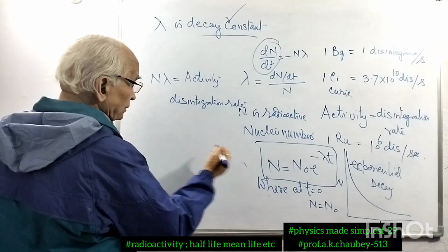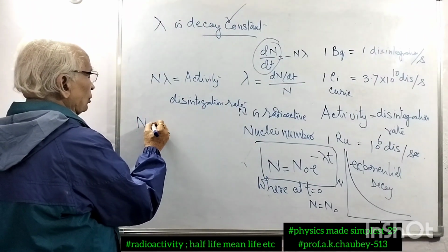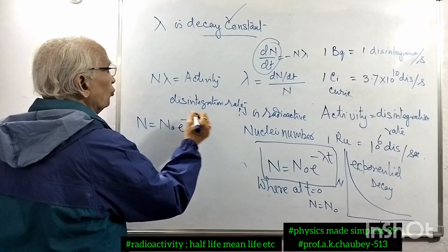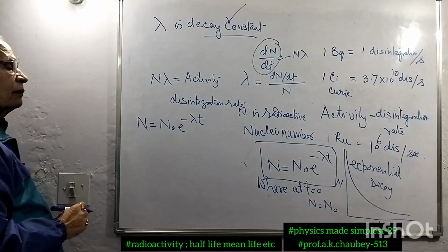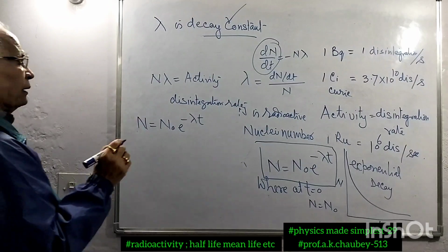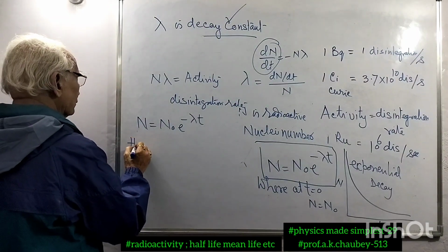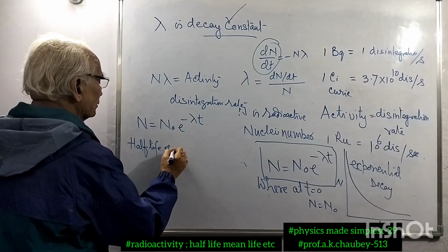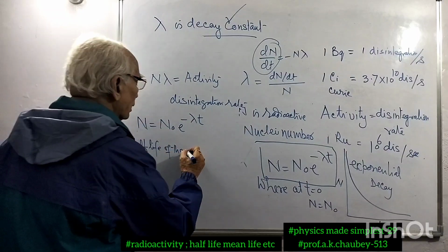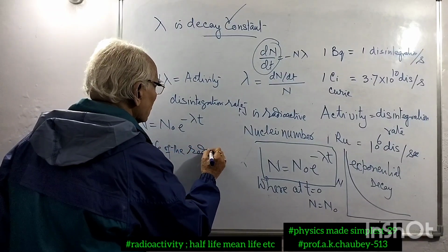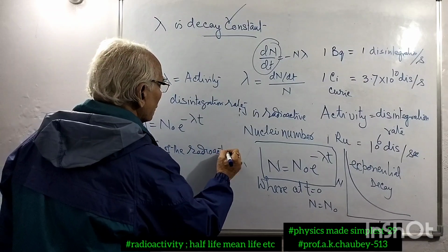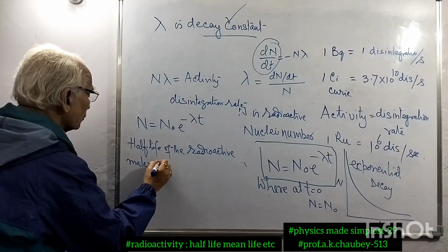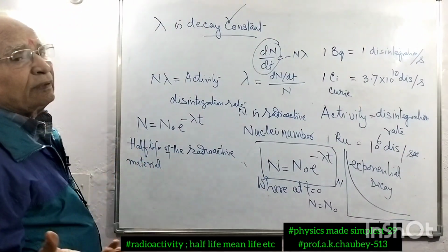Now you can see that from this equation, N is equal to N naught e to the power minus lambda t, we can define some times. One is defined as the half-life of the radioactive material, meaning the time after which the activity becomes half.